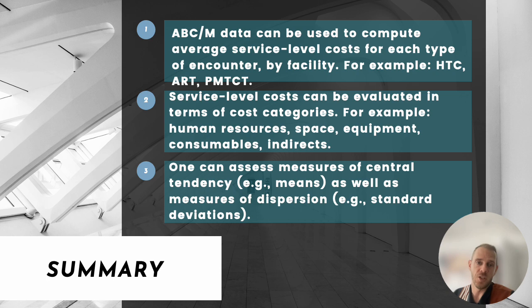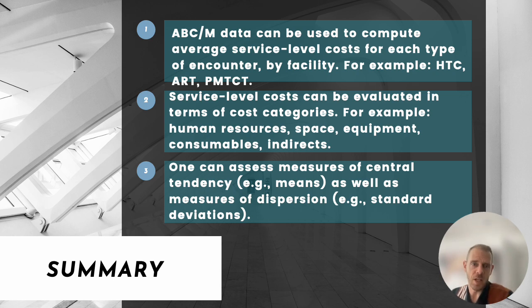For example, HIV testing and counseling, antiretroviral therapy, and prevention of mother-to-child transmission of HIV. Second, we can take a service level cost like antiretroviral therapy and break it down further. What amount of these costs for ART are driven by human resources, space or infrastructure, equipment, or consumables like medicines?